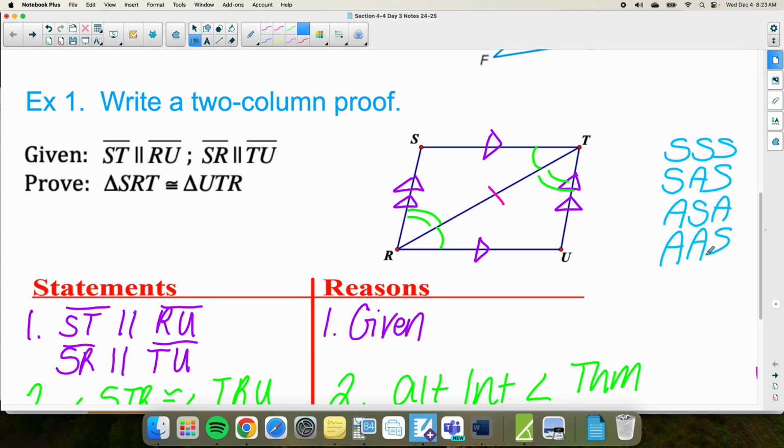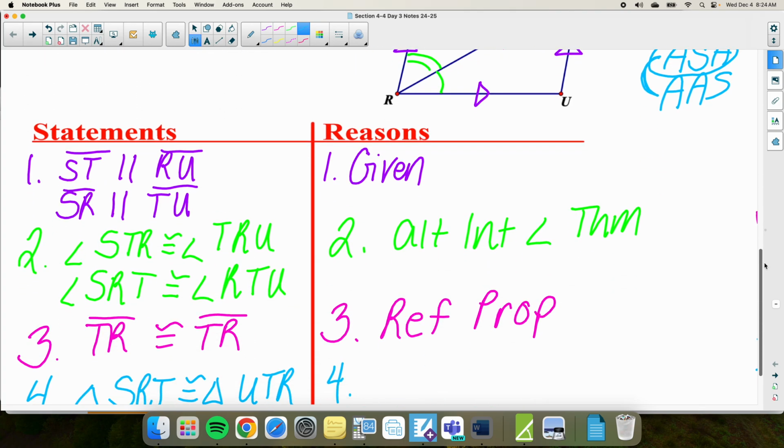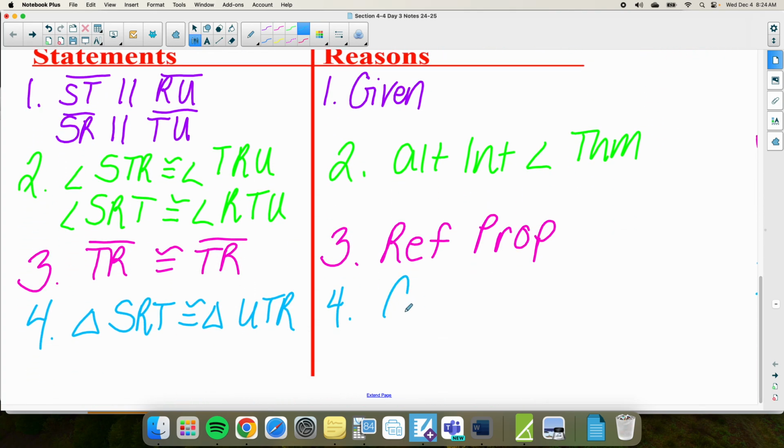Now notice on this one, we have two angles and a side. So that means it has to be one of these. Our side is in between the two angles. So do you get that it's this one? Angle, side, angle. You don't use the arrows when you're doing that. They're not a part of it. Only congruent signs are a part of that.